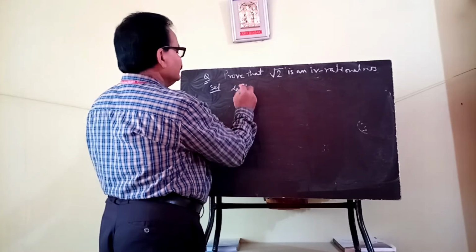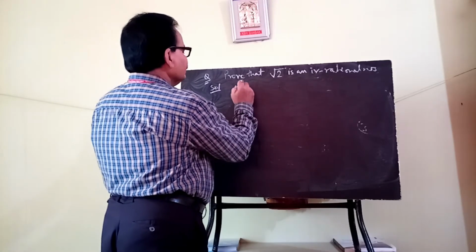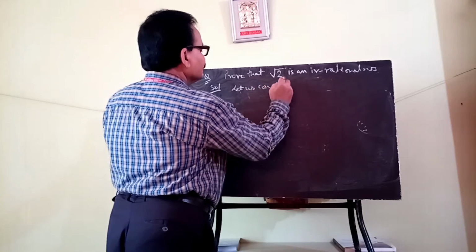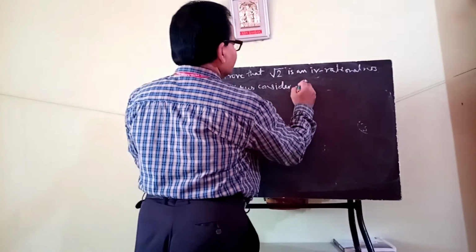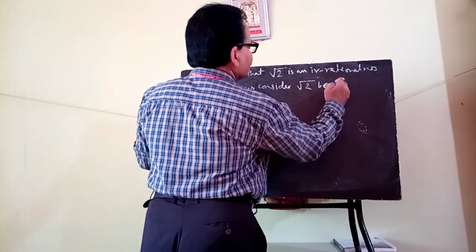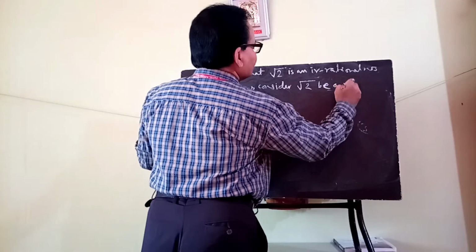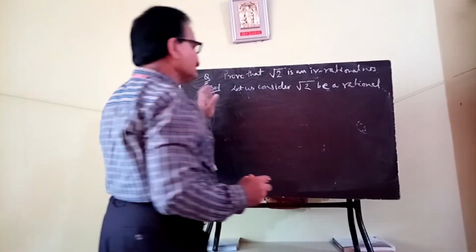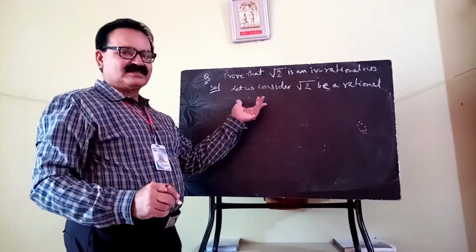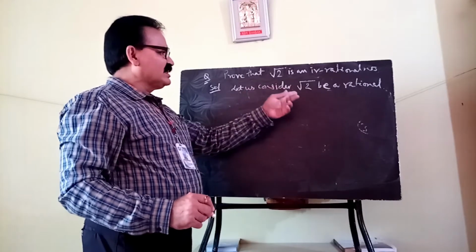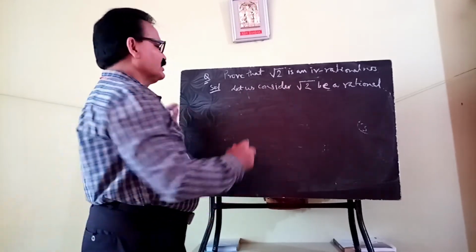You have to write: let us consider root 2 to be a rational number. This type of method is called the method of contradiction, proving by contradiction. So let us consider root 2 to be a rational number.